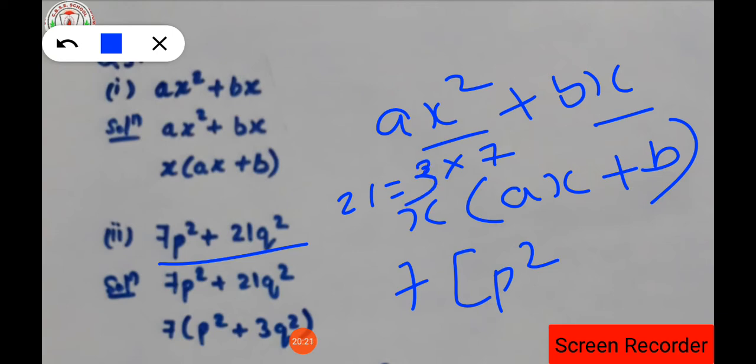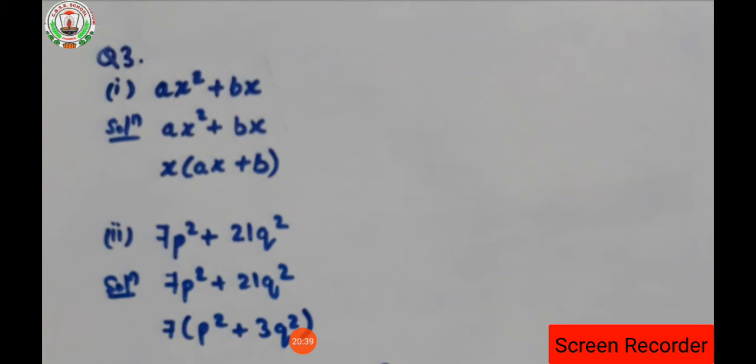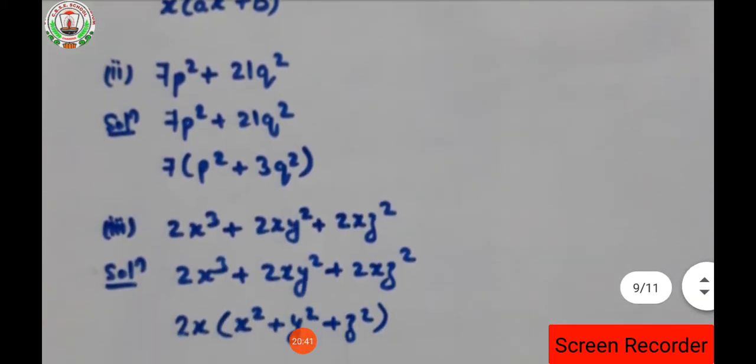So 7 in place of 21, we can write 7 into 3. So easily you can know. Wherever you can't understand what you have to take common, just write the number in expanded form. Okay, so plus 3q is the required answer. So 7 into (p square plus 3q square) is the required answer.